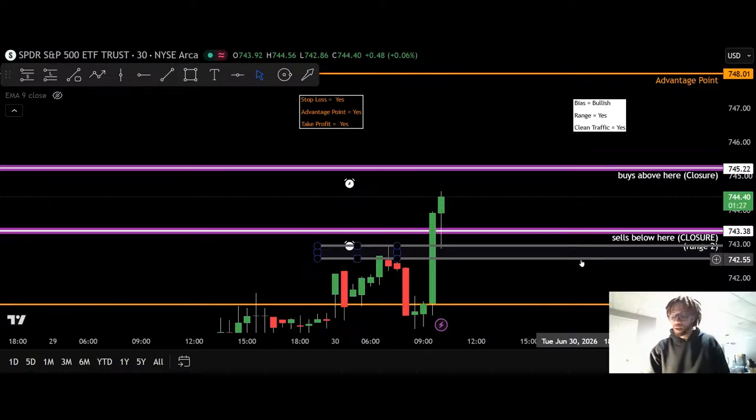Got about 1 minute for this 30-minute candle closing.